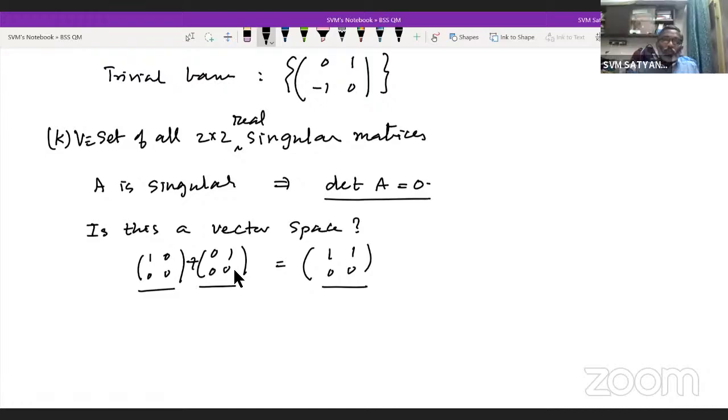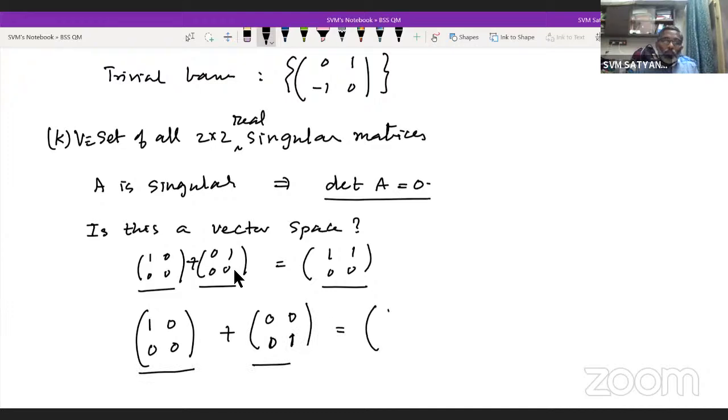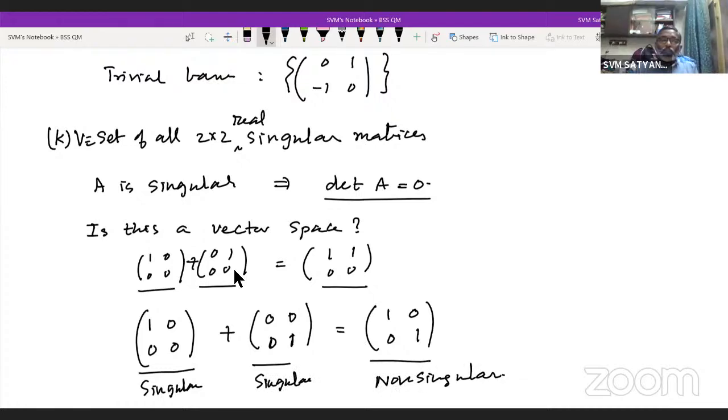I think your answer is correct, but only this example is not correct. Instead of this, you take 1 0 0 0 plus 0 0 0 1. This is a singular matrix. This is also a singular matrix. But what is the sum? It is an identity matrix, which is not singular.